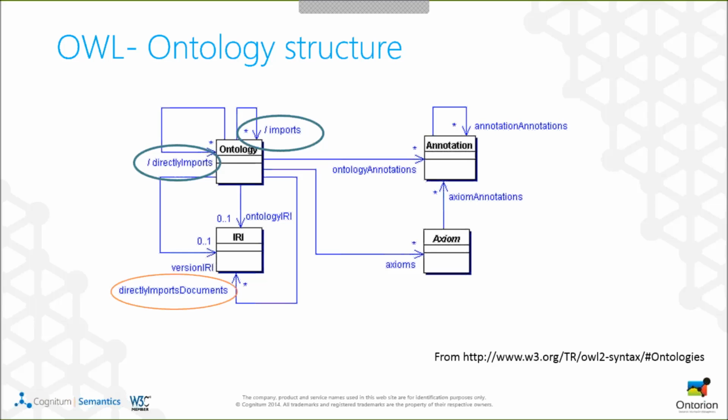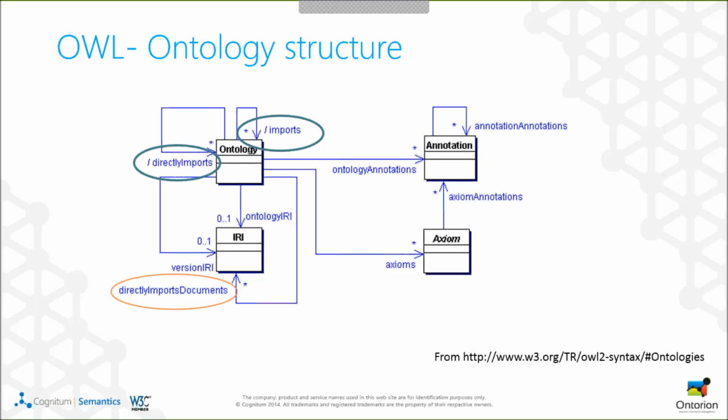So generally the names of things look like a namespace that is an IRI plus the name, and generally the namespace is defined inside the ontology. So generally this is the ontology IRI. And when you import or reference another ontology, you are referencing or importing it through an IRI.